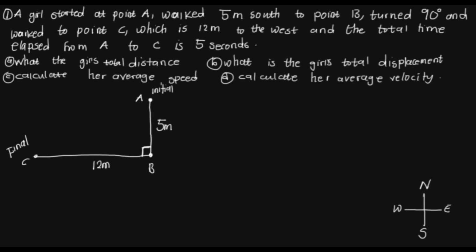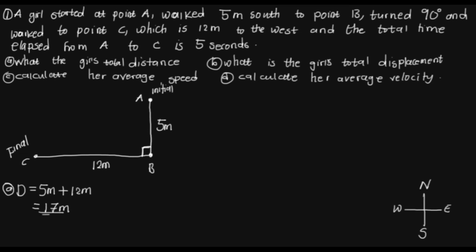Now, for the first part, question A, we need to find the total distance. The total distance will be the sum of the distance between A and B and B and C. So we add the first distance of 5 meters plus the other distance of 12 meters, and we get 17 meters.